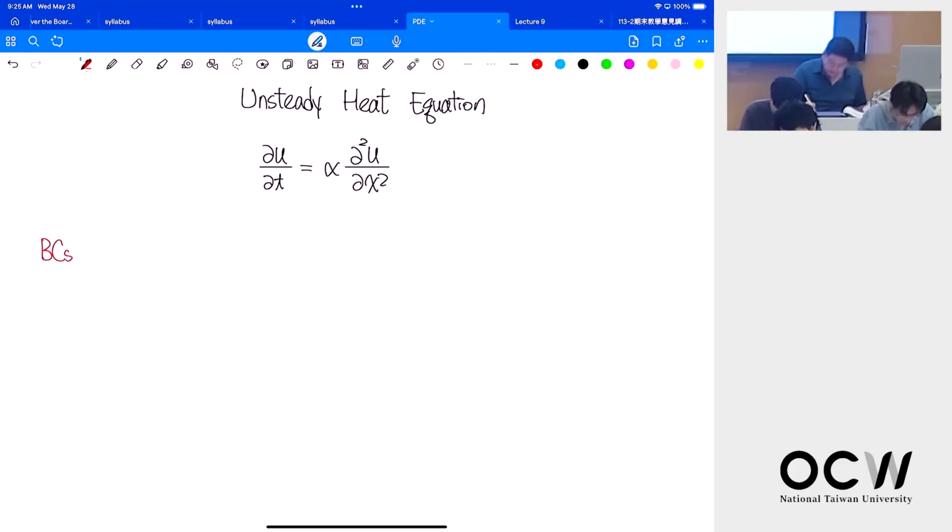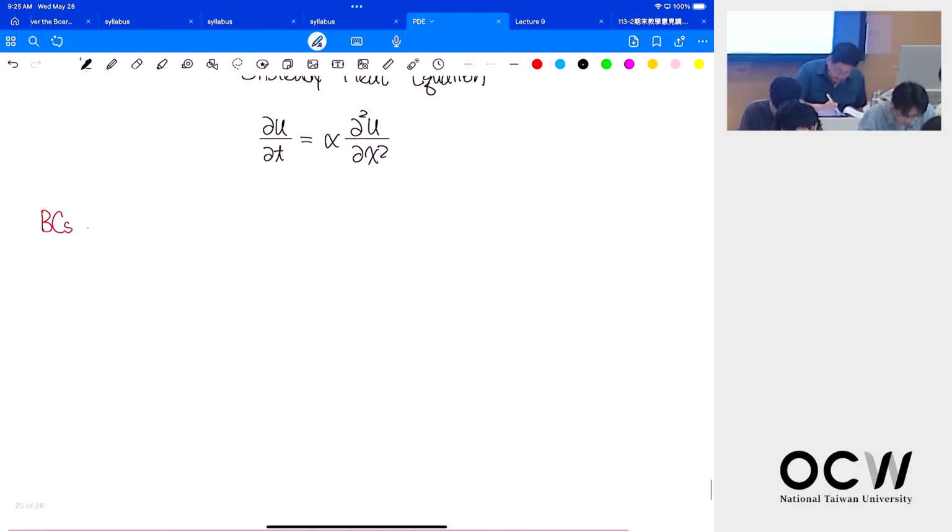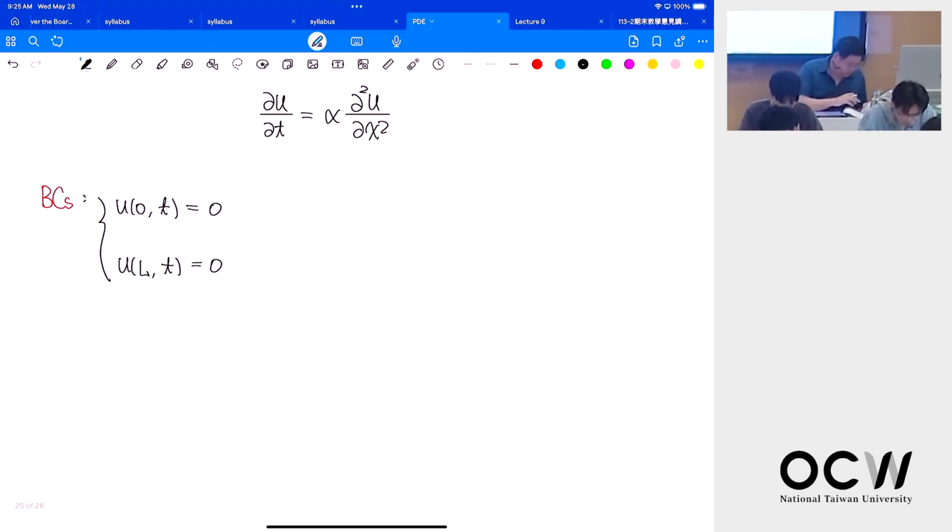The first one is on the boundary, it's 0. And the initial condition, at t equals 0, I have a function. That's the first one.